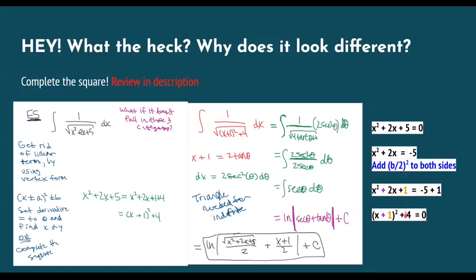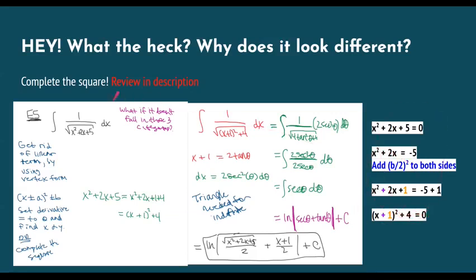You add it to the other side to make it 0 again over here. And then, it's a little bit hard to verbally explain, but the colors hopefully show you what you do. Forget about that 2x now, and you just do this, and the squared's now here. So x plus 1 squared plus 4 equals 0 is the correct complete the square.